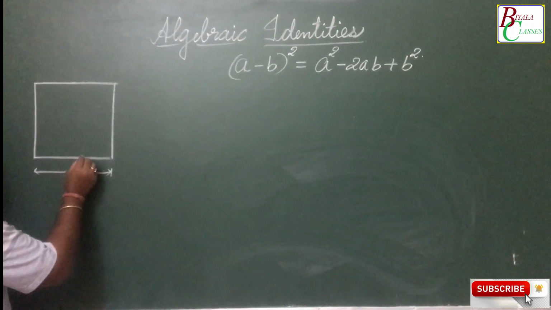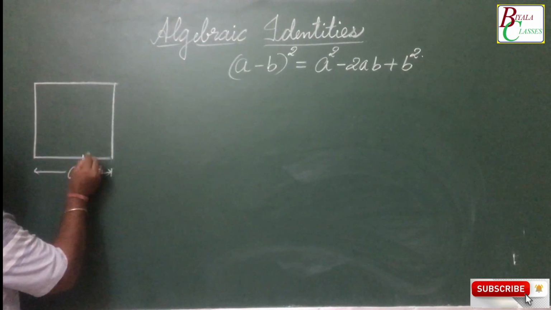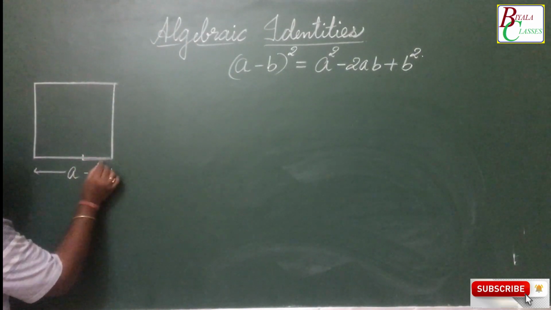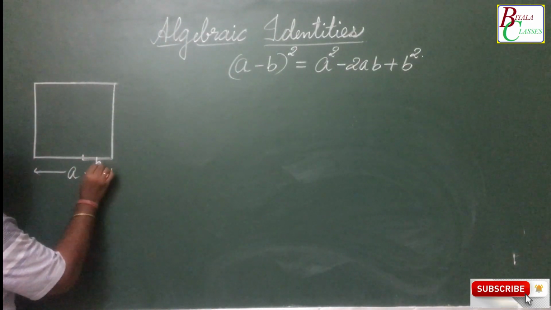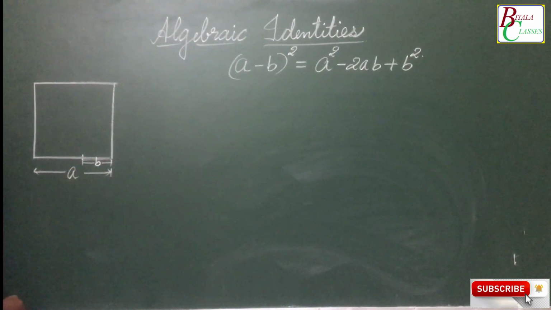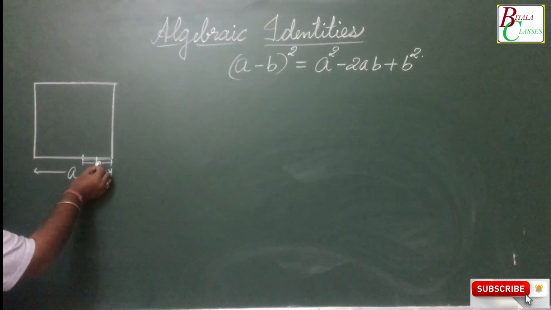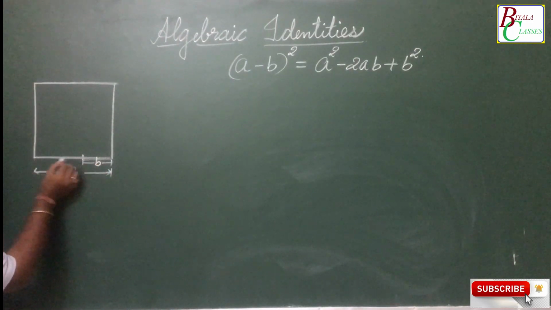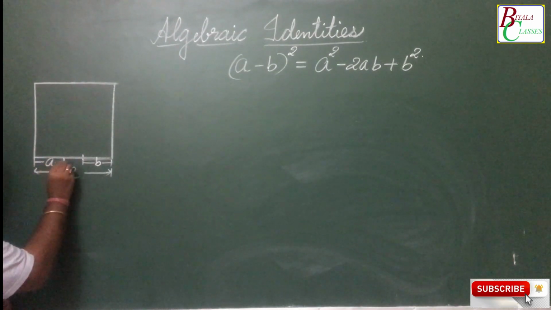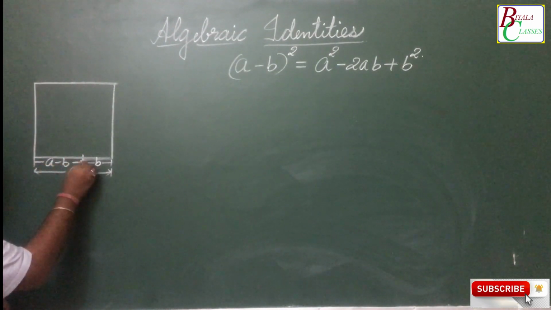Here let us take a point so that this smaller part of it represents b. So this part is b. Now if this part is b, then what about the remaining part? The remaining part will be a minus b.